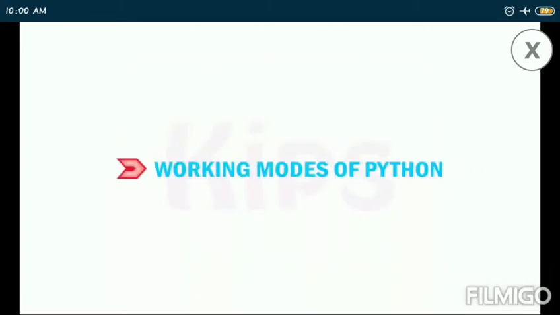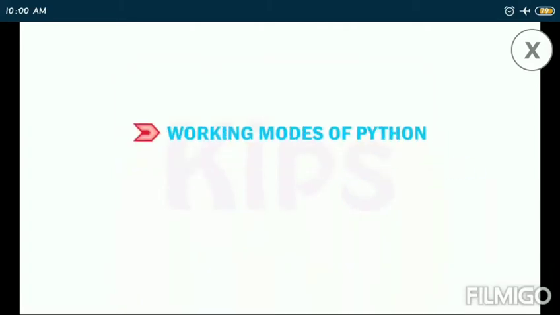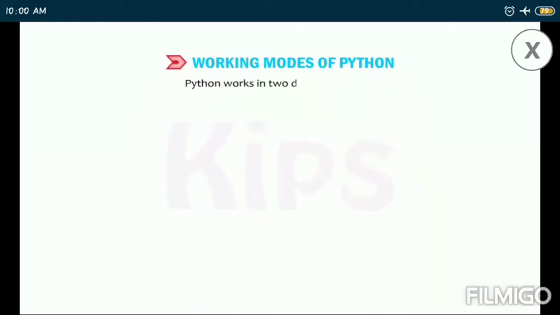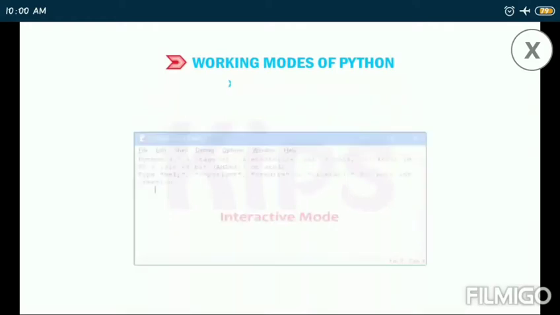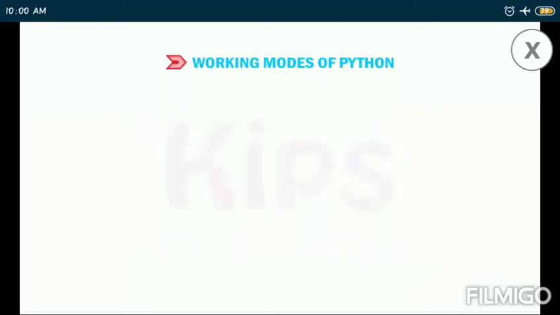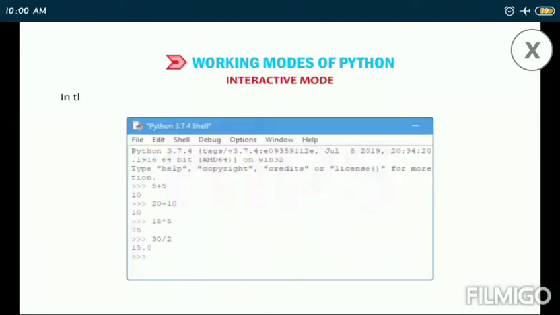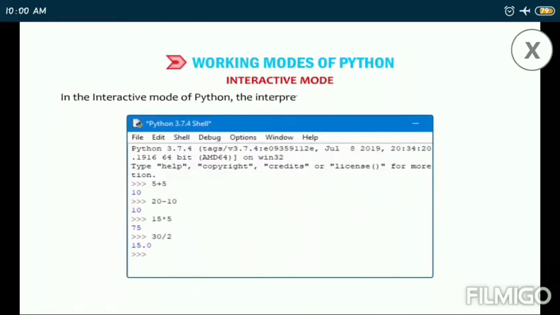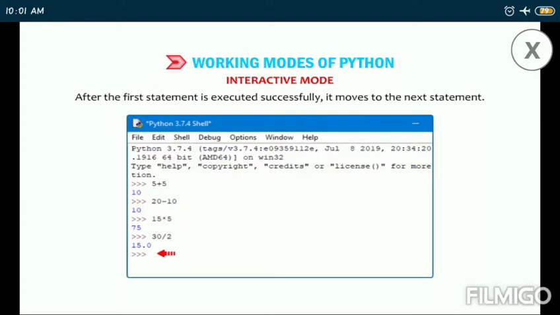Students, now let's talk about the working modes of Python. Python works in two different modes: interactive mode and script mode. Interactive mode. In the interactive mode of Python, the interpreter executes the statements one by one. After the first statement is executed successfully, it moves to the next statement.